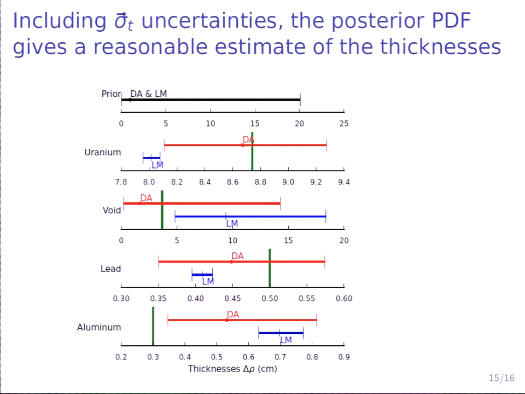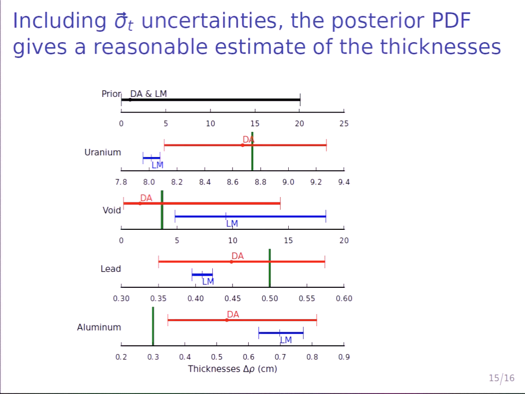And I'm using the same window for data assimilation, DA, or the Bayesian method, and Levenberg-Marquardt. And so I plug all those numbers in, turn the crank, and out comes the posterior distribution for the red, the Bayes results, and the uncertainty estimate for the Levenberg-Marquardt.